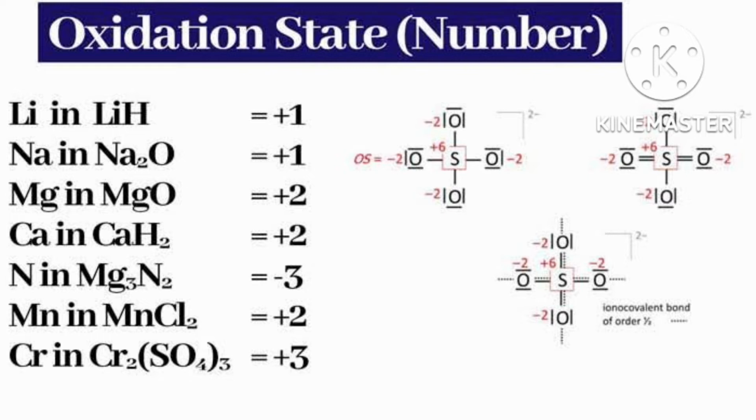For example, sodium can lose 1 electron, calcium can lose 2 electrons, magnesium again 2 electrons, aluminum can lose 3 electrons. Then they are plus 1, plus 2, plus 3. This is called oxidation state. And up to carbon, plus 4.